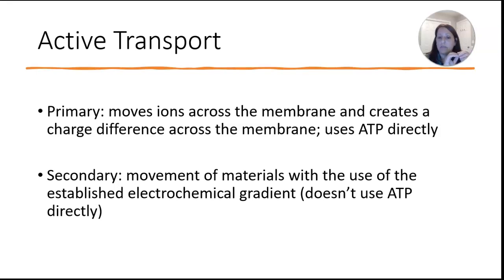So again, it's moving molecules against their concentration gradient. That really should be written here. You might want to add that to your notes. So it's the movement of materials, ions, particles, whatever it is, against their concentration gradient. That requires energy, but that energy is not going to come from ATP. It's going to come from the electrochemical gradient set up by primary transport.